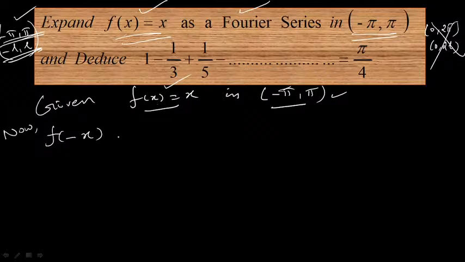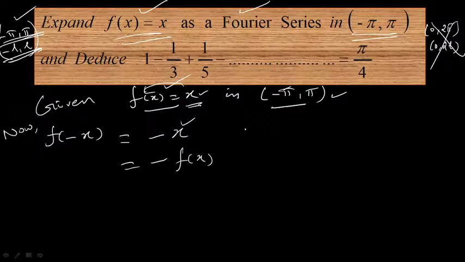If you replace x by minus x, what happens? The given function f of x is equal to x, so replacing x by minus x, you just have minus x alone. So minus x is nothing but minus of x, which is your given function f of x, right?